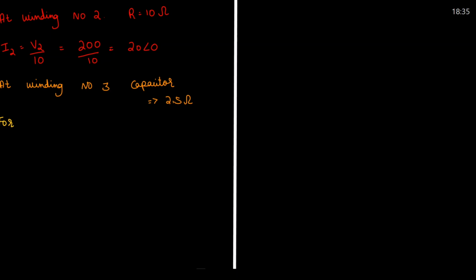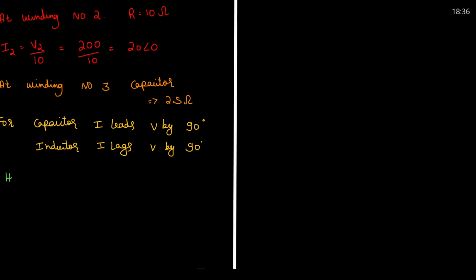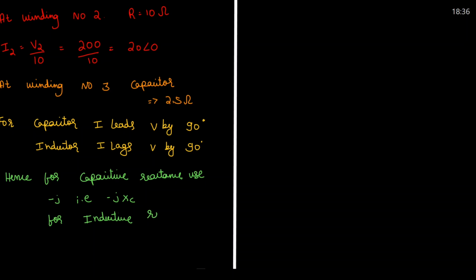Since it is a capacitor, we always remember the fact that for a capacitor the current leads the voltage by an angle 90, and for an inductor the current always lags the voltage by an angle 90. So for capacitive reactance we always use minus J, that is minus JXC, and in case of inductive reactance we use JXL.